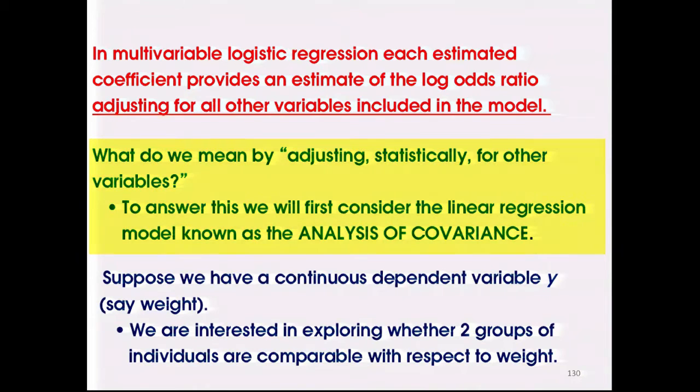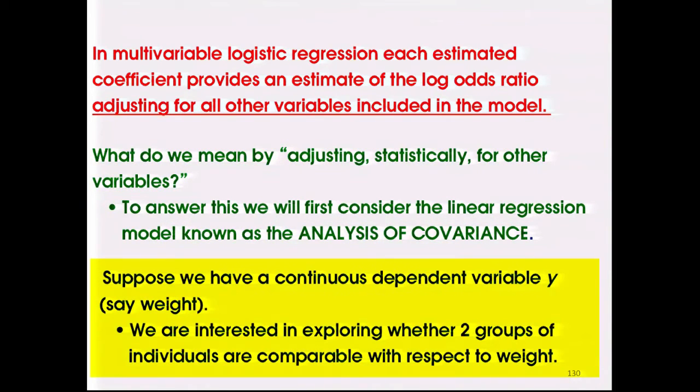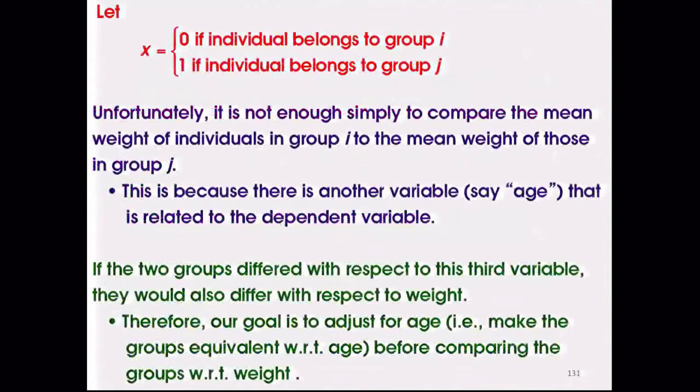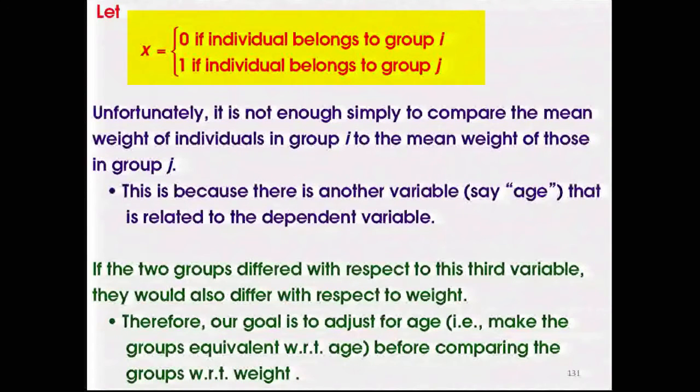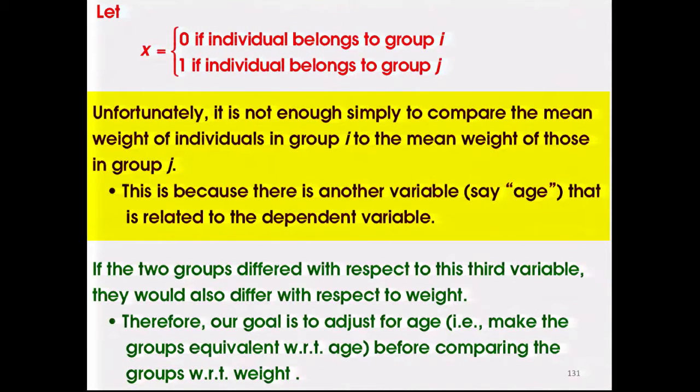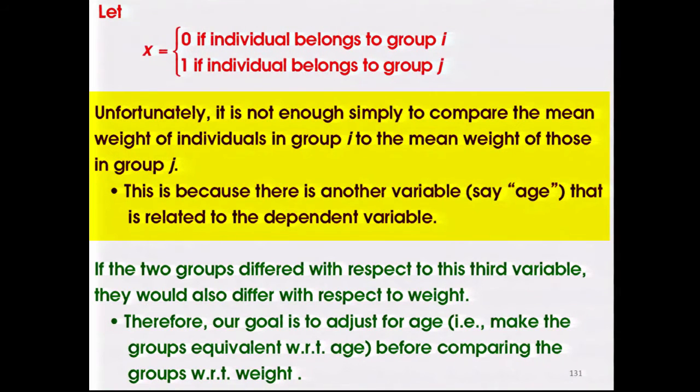So let's suppose that we have a continuous dependent variable y, say y is weight, and we're interested in exploring whether two groups of individuals are comparable with respect to their weight. Let x equal 0 if the individual belongs to group I, and 1 if the individual belongs to group J. Unfortunately, it's not enough to simply compare the mean weight of people in group I to the mean weight of people in group J, because there could be another variable, say age, that's related to the dependent variable.